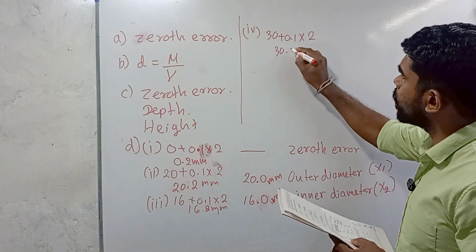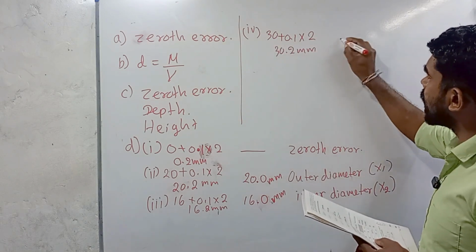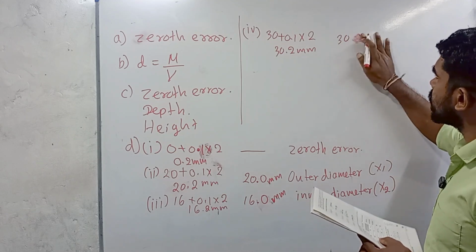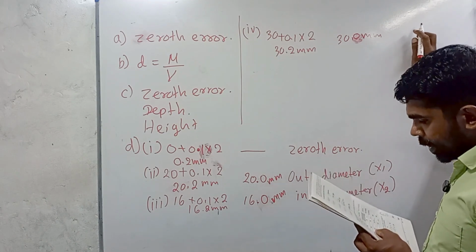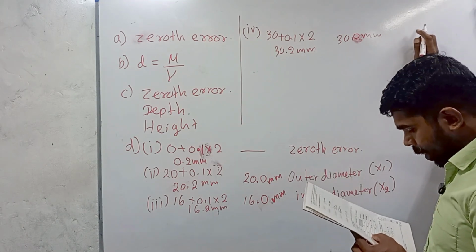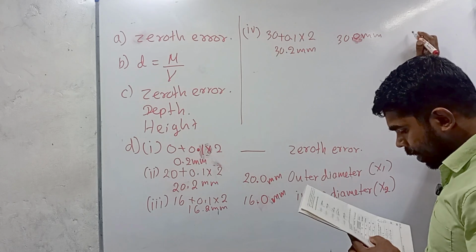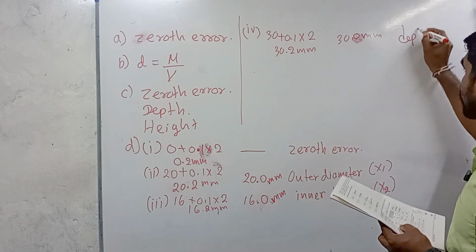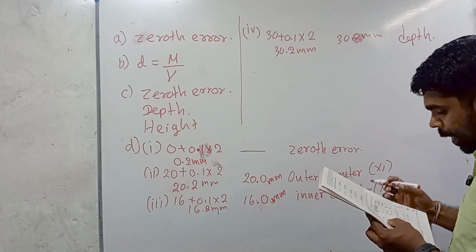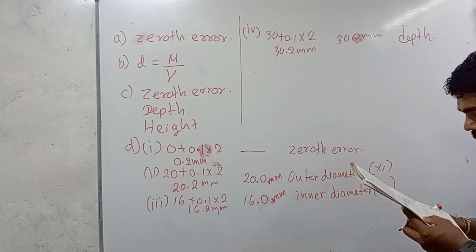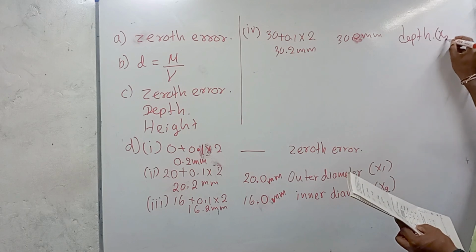It is 30.2 millimeters. Then corrected reading 30 millimeters, 30.0 millimeters. And it is the measurement obtained by using depth bar. Therefore, it should be depth of the cylinder, and they have given it as x3.